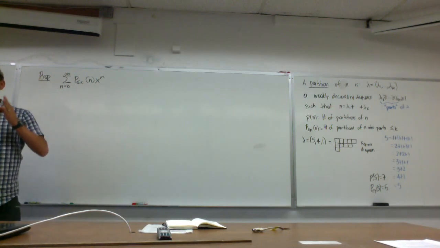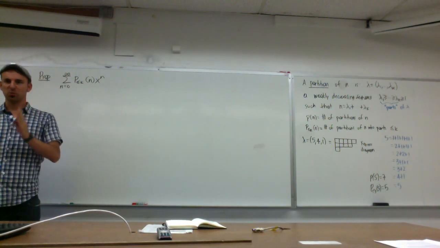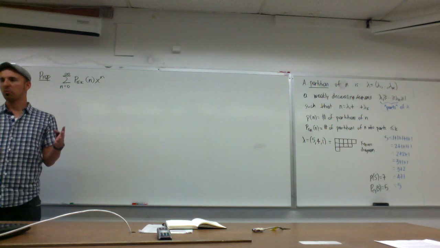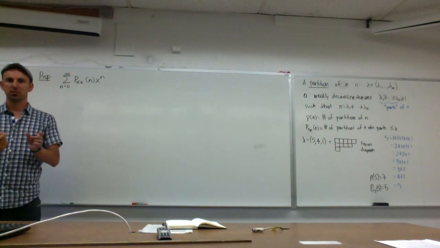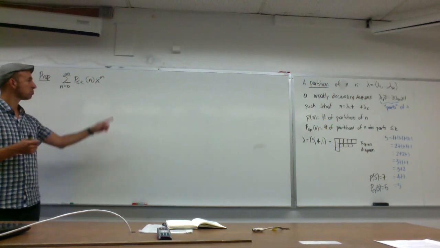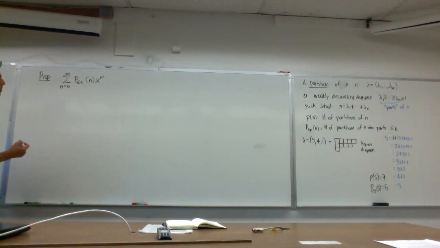So I'm going to fix k, okay? So you're only allowed to use parts 1, 2, 3, up to k. And we're going to consider how you can use those parts to form any number n, okay?